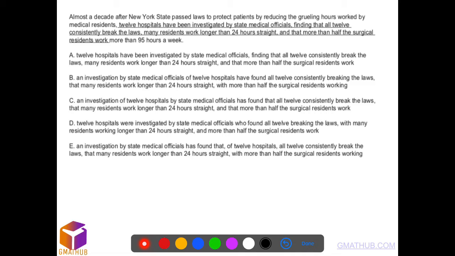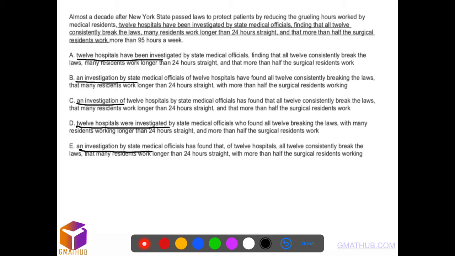Okay, so let's try to see how many parallelisms we have here. Almost a decade after New York State passed laws for so and so, 12 hospitals have been investigated by state medical officials. So 12 hospitals have been investigated.